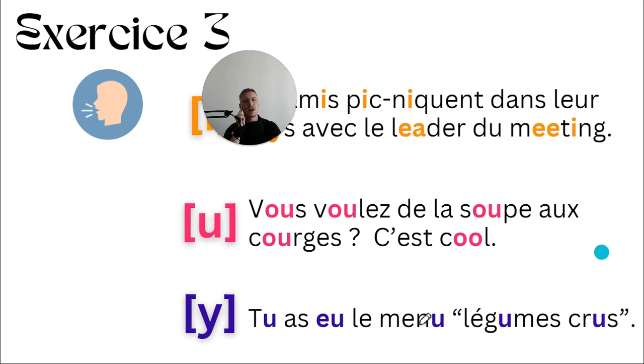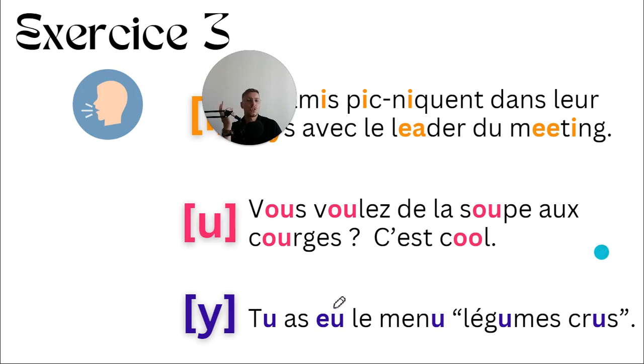U, c'est le participe passé du verbe avoir, right? Tu as eu, c'est du passé composé. Donc, tu as, c'est l'auxiliaire avoir. Eu, le participe passé du verbe avoir. But this is not the purpose of the lesson at all.